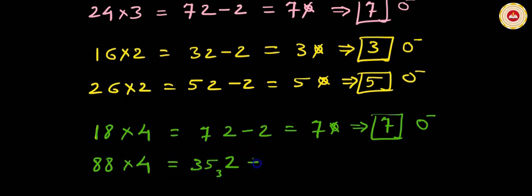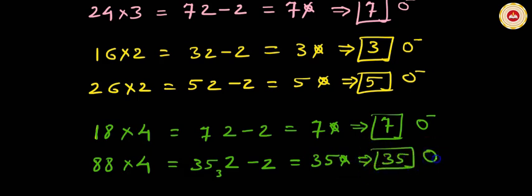Correct? Now subtract 2 from 352. You get 350. Neglect this 0 and write 35 as it is. And this 35 is negative osculator for given divisor 88.